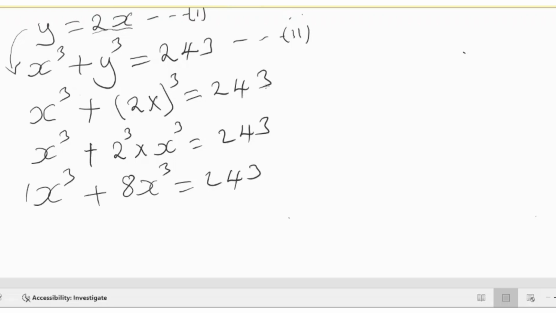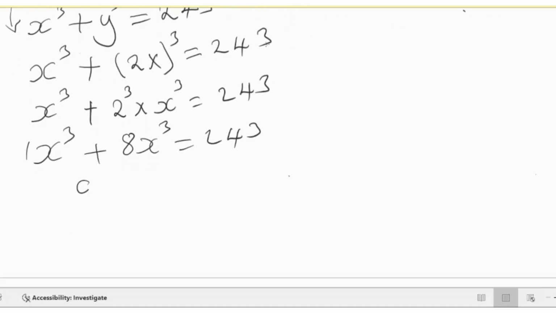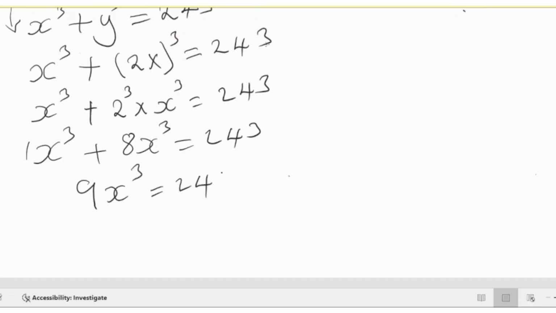Now, we have 1 here, so if we add 1 plus 8, that is 9. So we will have 9x cubed is equal to 243. And therefore, we divide this side by 9 and this side by 9. This one will cancel out, and on this side, 243 divided by 9: 9 by 3, 3 by 3, 81 by 3, 27.